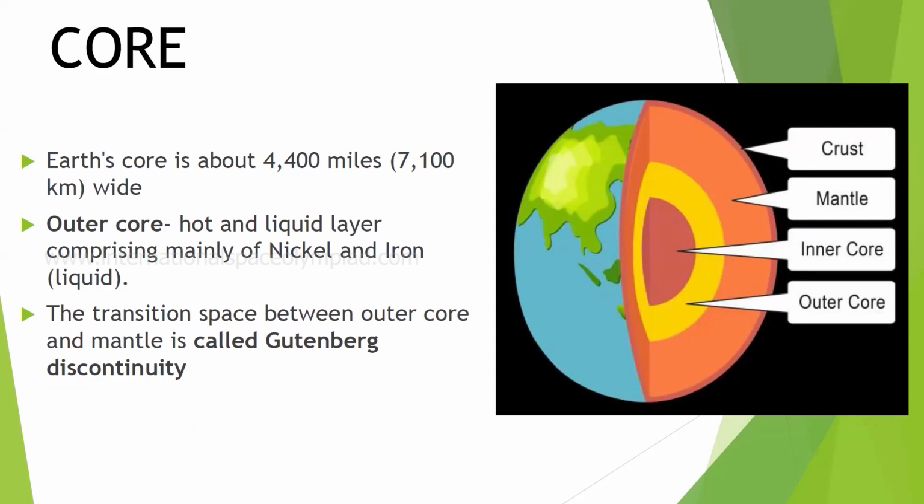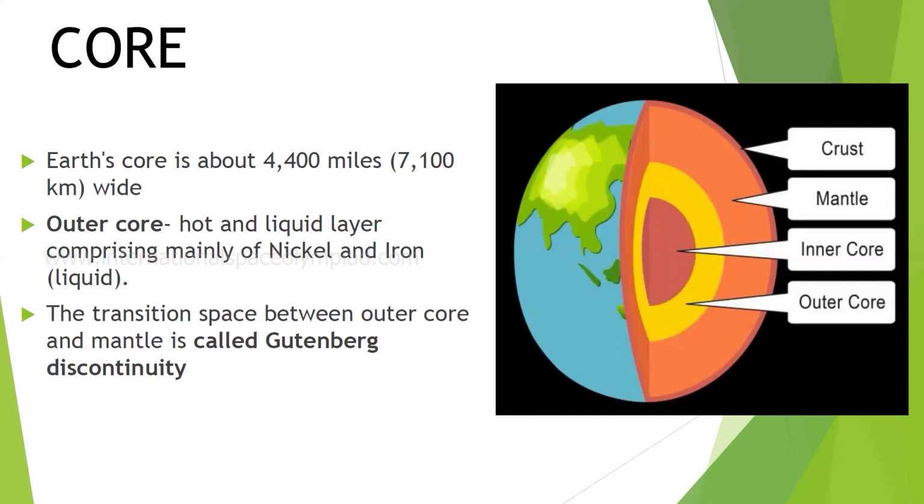Both have magnetic properties. They are ferromagnets. So when they move as the Earth is rotating, due to the relative motion, what happens? A magnetic field is produced. This effect is called the dynamo effect.